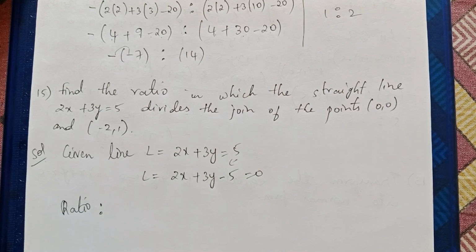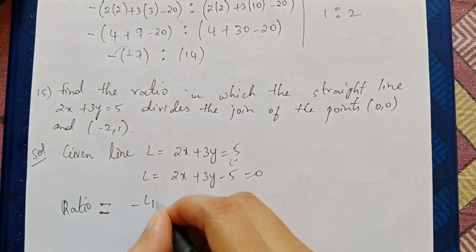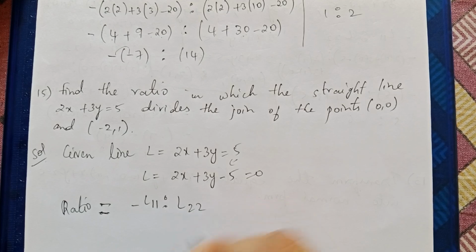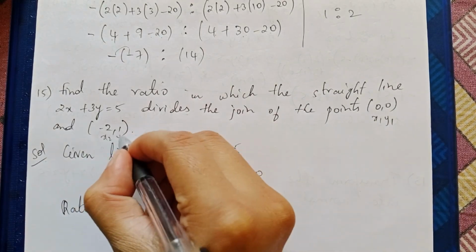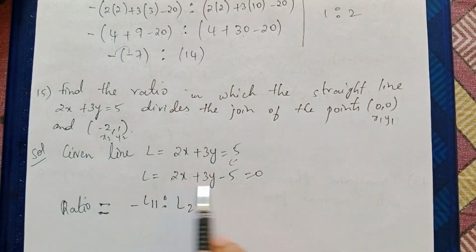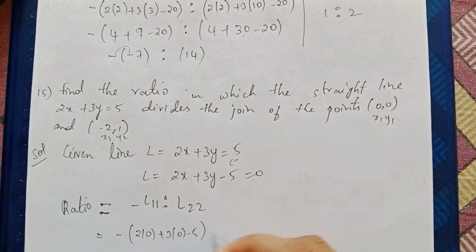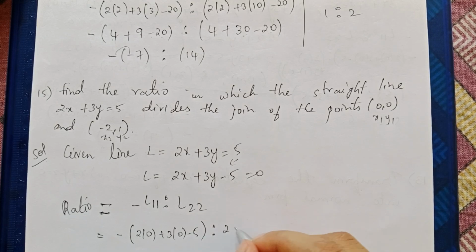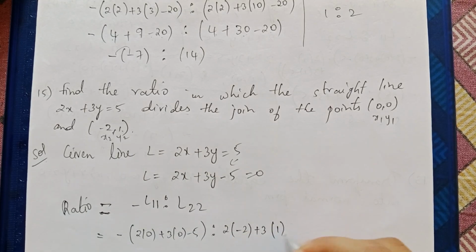The ratio formula is, whenever a line divides the line joining two points, the ratio is given by minus L11 is to L22. Similarly, this is x1 and y1, this is x2 and y2. Substitute the two points in the given equation, so it will be negative of 2 into 0 plus 3 into 0 minus 5, is to 2 into minus 2 plus 3 into 1 minus 5.